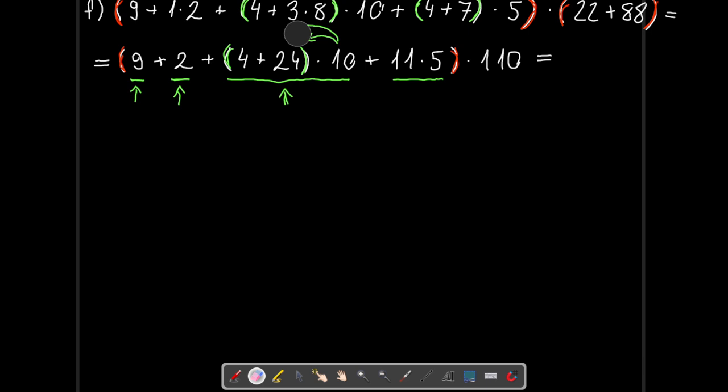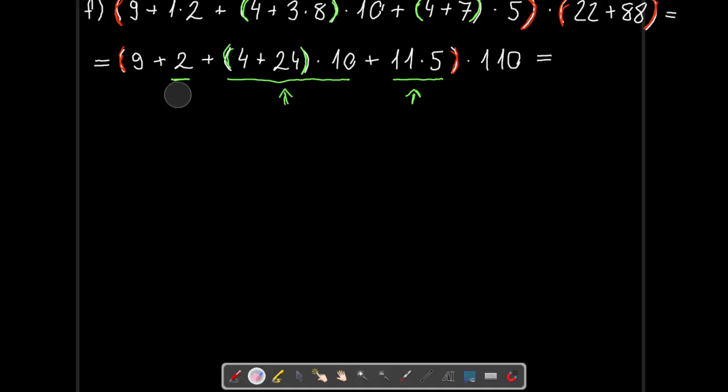Which one should I do? Let's do the distribution method this time, just for some diversity. And yeah, in the last part, we can just multiply these two numbers. It does not affect the third part at all when we multiply 11 and 5.